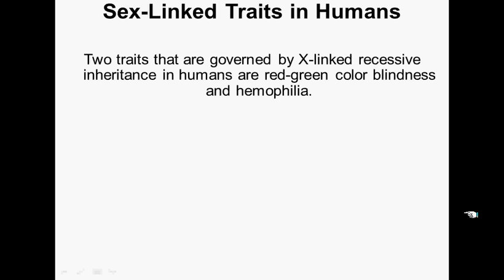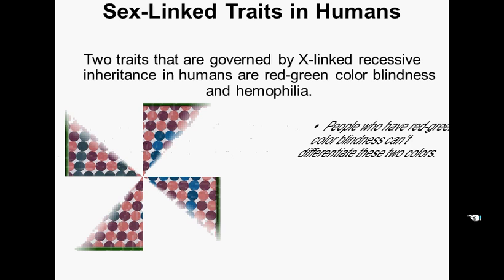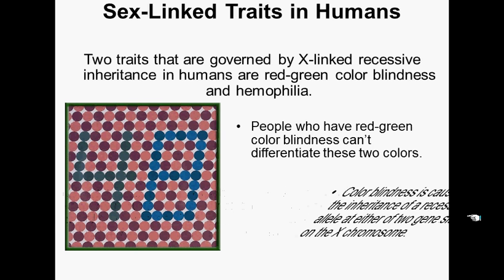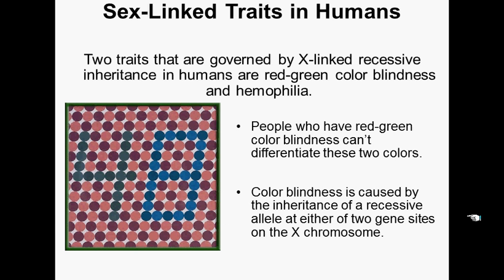Another X-linked disorder is hemophilia, a disease that causes a problem with blood clotting. About one male in every 10,000 has hemophilia, but only about 1 in 100 million females inherits the same disorder. That's a recessive gene on the X chromosome that causes that.